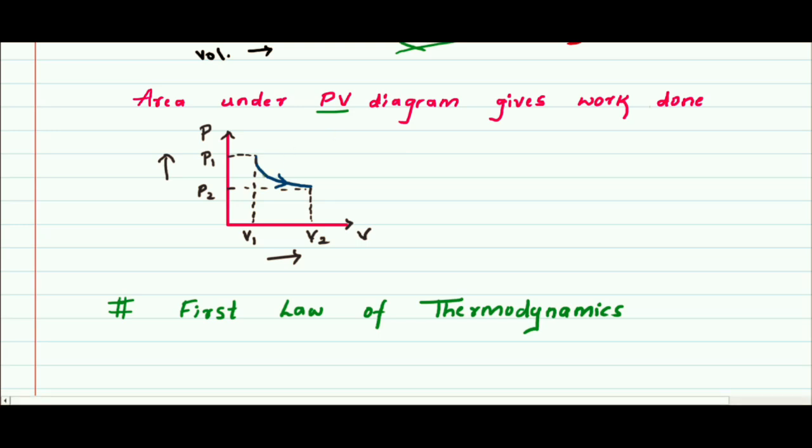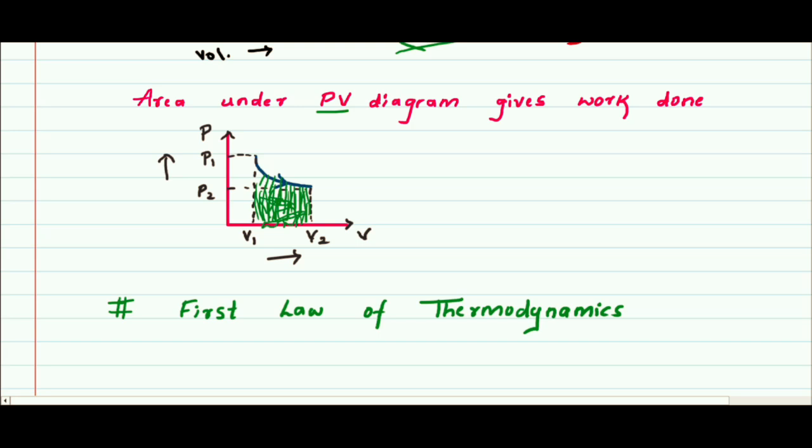We have to take the area that is under this PV curve. So look here, I am drawing the area under the PV curve. So this area we will consider for the PV diagram. We will solve this in an example, and there we will get the idea of how the work is done in this process.